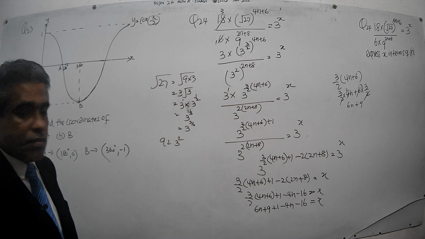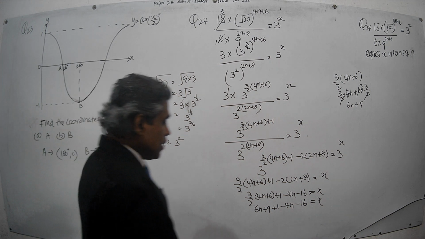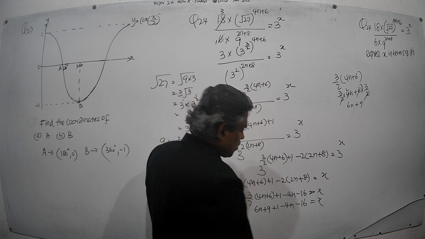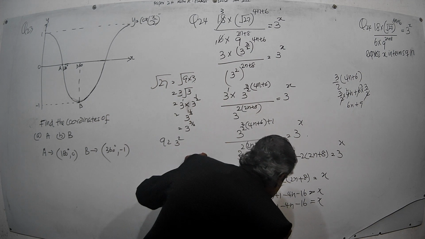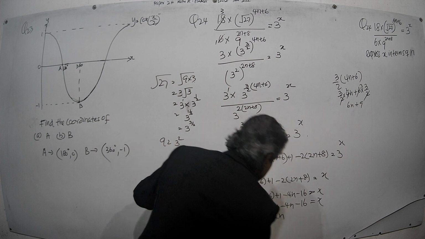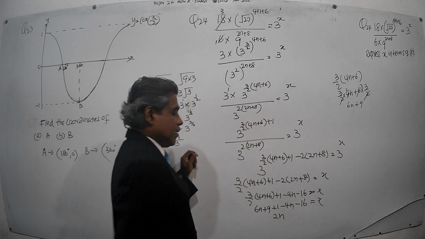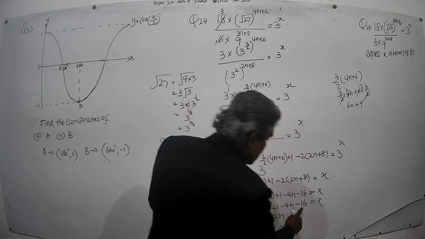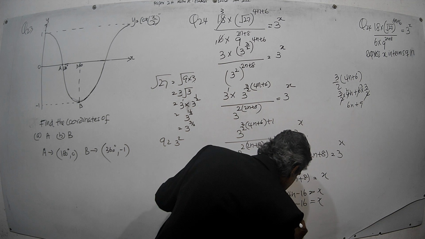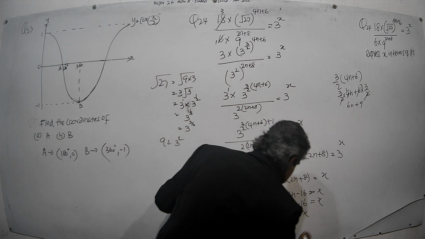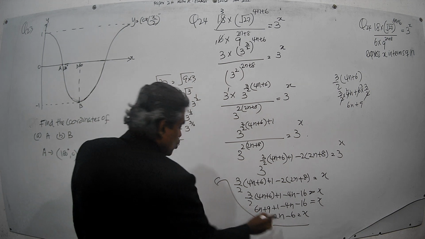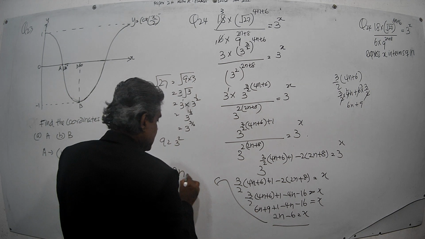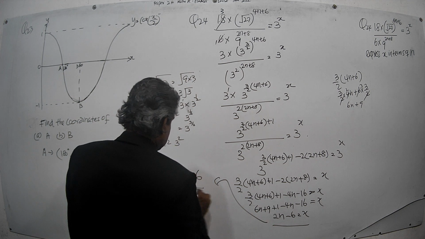Right. Okay. Then we can now add and subtract like terms. 6n minus 4n is 2n. Then 9 plus 1 is 10. 10 minus 16 is minus 6 equals x. Then x equals how much? We found 2n minus 6. This is the answer.